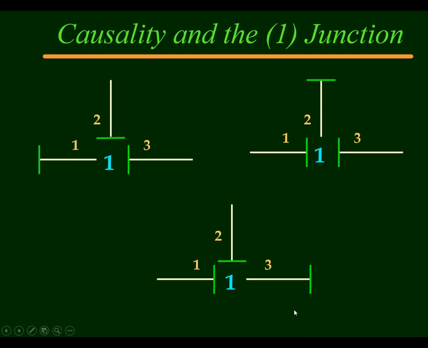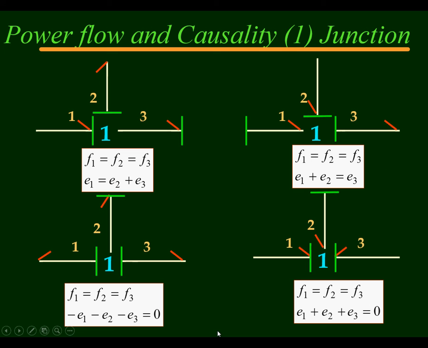Different possibilities for the one junction. One junction has only one flow in. All the others flow out. See, one flow in, the others out. Can only have one flow in. And in here, there are the same cases as we presented for the zero junction, but for the flow. In this case, all flows are the same, but the efforts will add up, will sum.